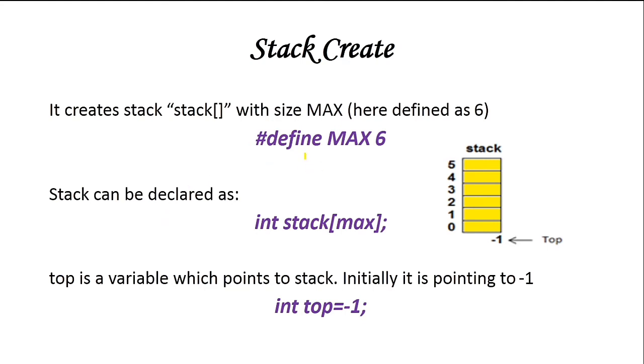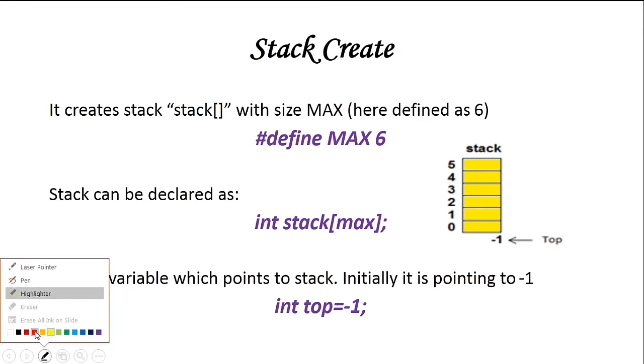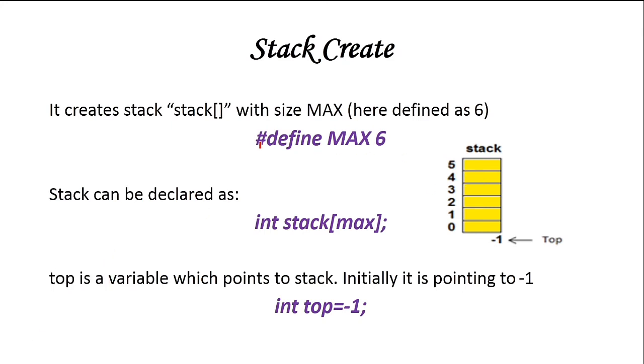I want to create a stack with the total size of 6. So in order to do that, I will define the maximum size of the stack as 6. So 0 to 5, that is total 6 positions were given to the stack, and then top I need to point to -1 initially, right?